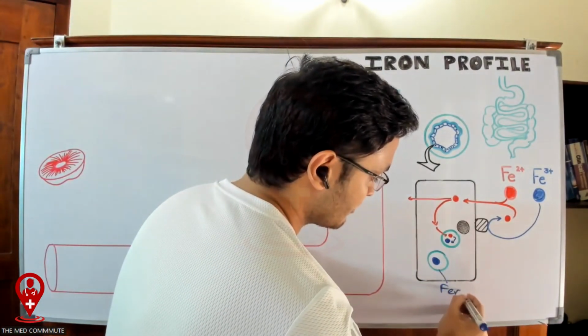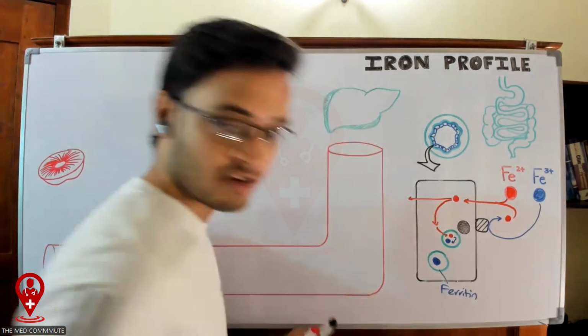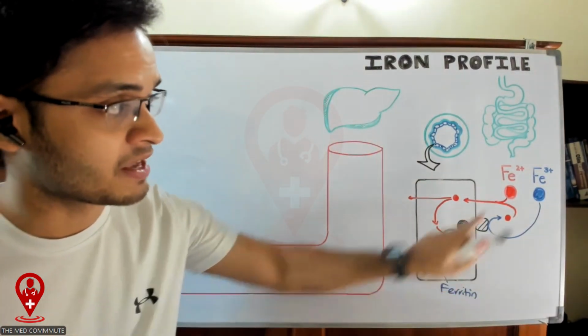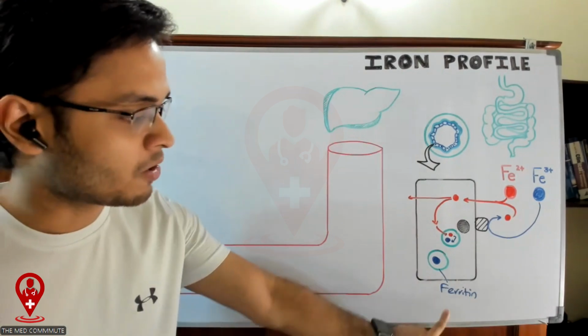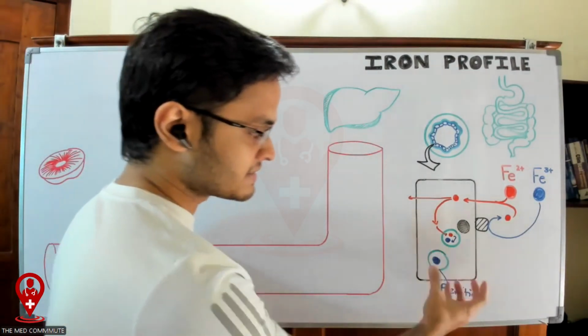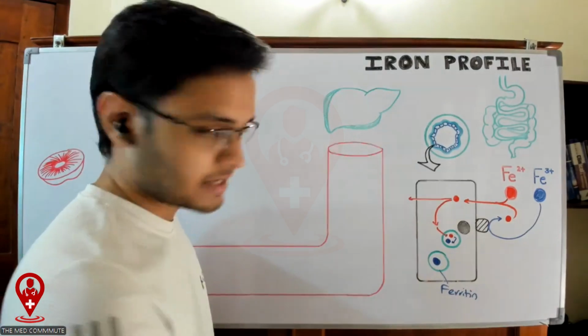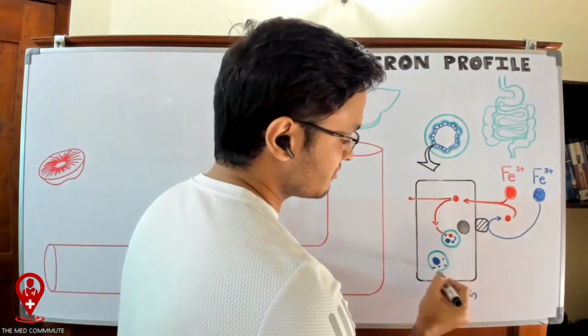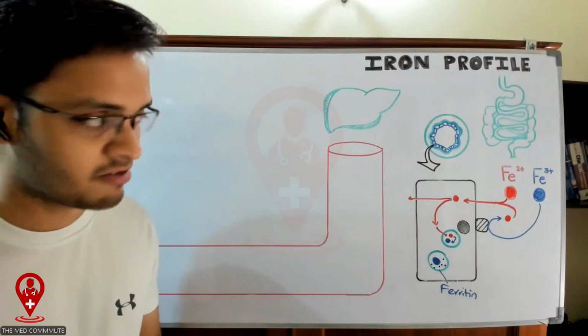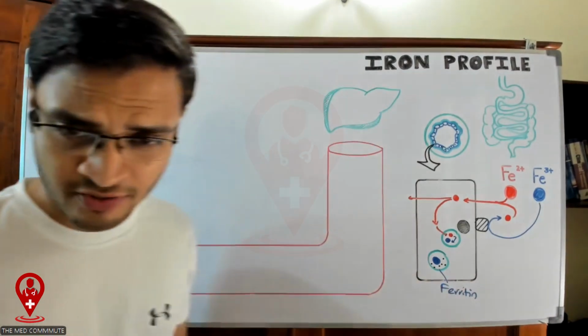So apoferritin, once it is loaded with Fe3 plus ferric ions, we call it ferritin. Now, in reality, guys, I've drawn only one here, but inside a ferritin molecule there can be up to 4,000 to 5,000 Fe3 plus ions. Okay. So that is the storage function.